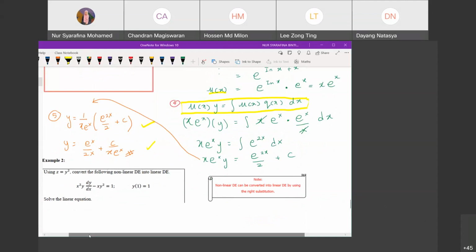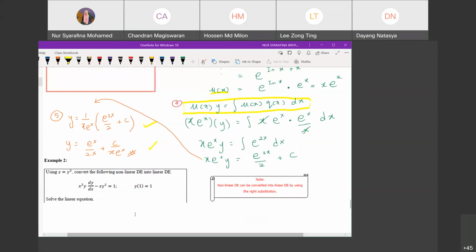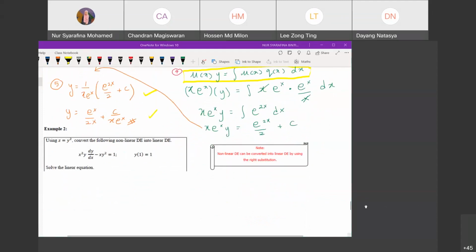Okay, now let's take a look at example 2, where this is non-linear. And how can you find the solution for non-linear? By using such substitution.